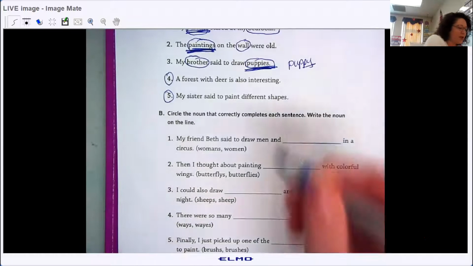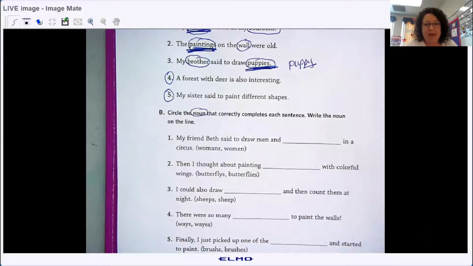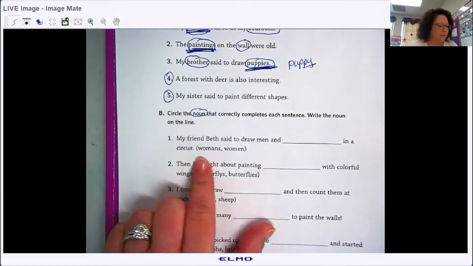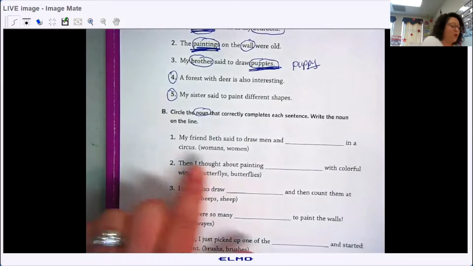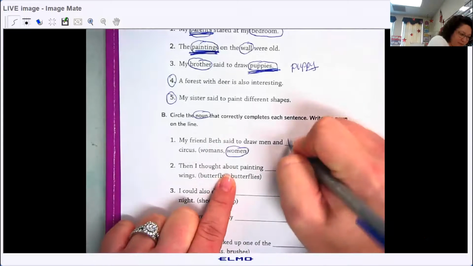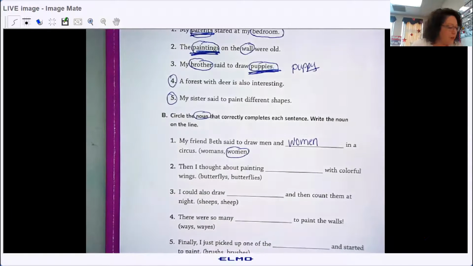The directions. Circle the noun that correctly completes each sentence, then write the noun on the line. Okay. My friend Beth said to draw men and blank in a circus. My friend Beth said to draw men and women in a circus, or women? Women. Correct. When it comes to these, you want to place the word in the line and see what makes the most sense or what sounds best.